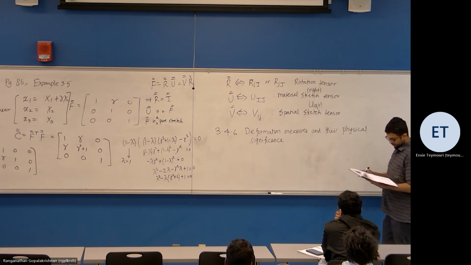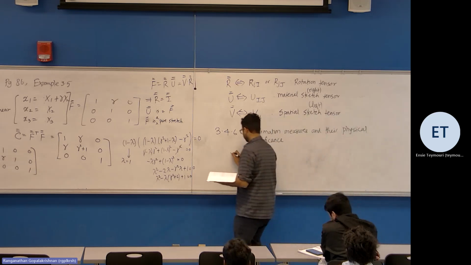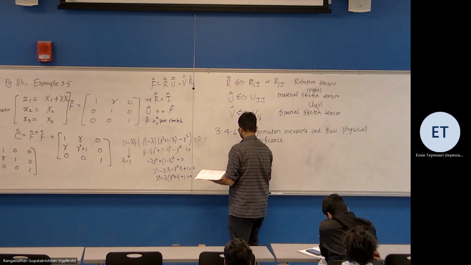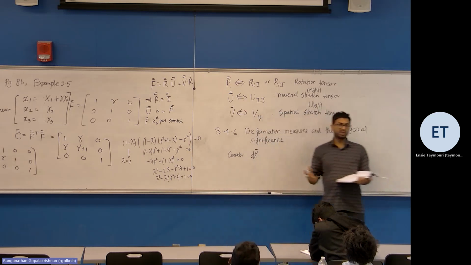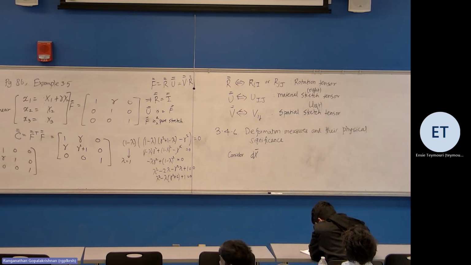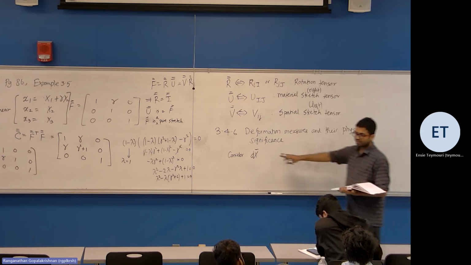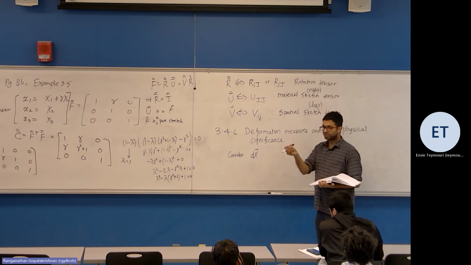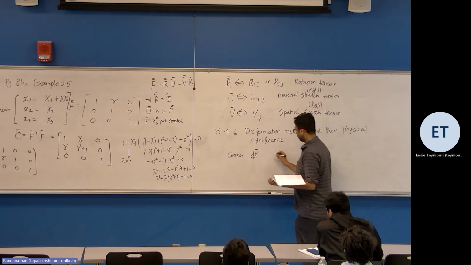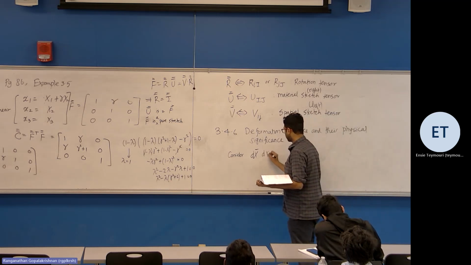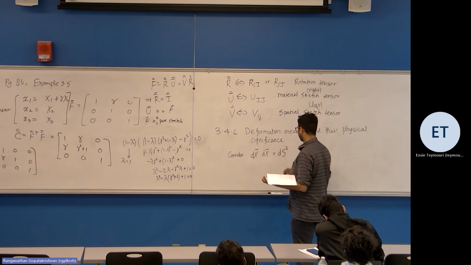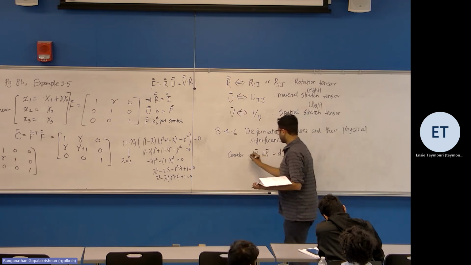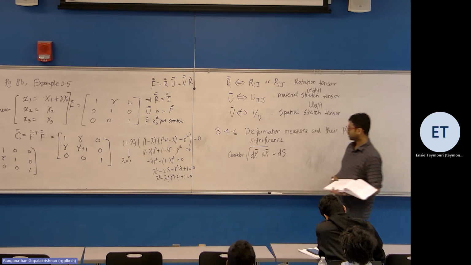So let's consider dx. What is dx physically? It is the change in the position vector x, the material position. When I consider dx dot dx, I can write this is equal to ds squared, or ds is equal to the square root of dx dot dx.